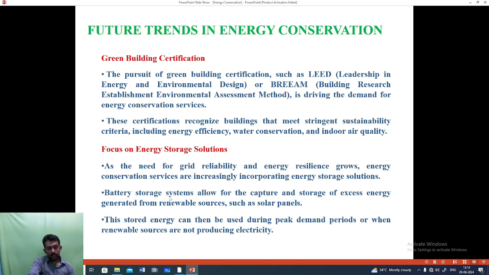During summer or any daytime, energy is excessively generated from the solar panels and stored in the battery, and if there is demand during the night time, we can use it from this battery. This stored energy can also be used during peak demand periods, or when renewable energy is not available. For example, solar does not produce electricity at night, so we can use the excess energy stored in these energy solutions.